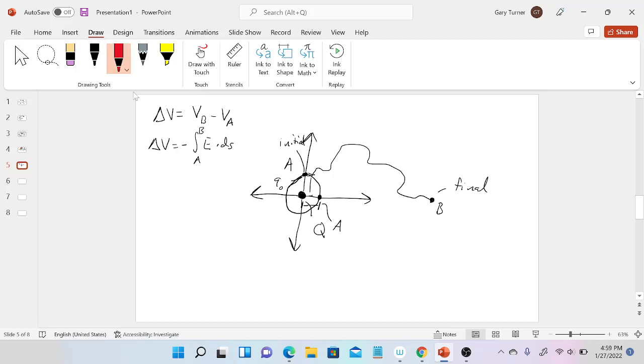So I can consider how much work it takes to push my charge from this point out to this point. And so we'll let this distance be labeled as RA, and we'll let this distance be labeled as RB. So I'm pushing the charge from A to B, right? And I might even say let's give this a negative sign so that I'm actually doing the pushing.